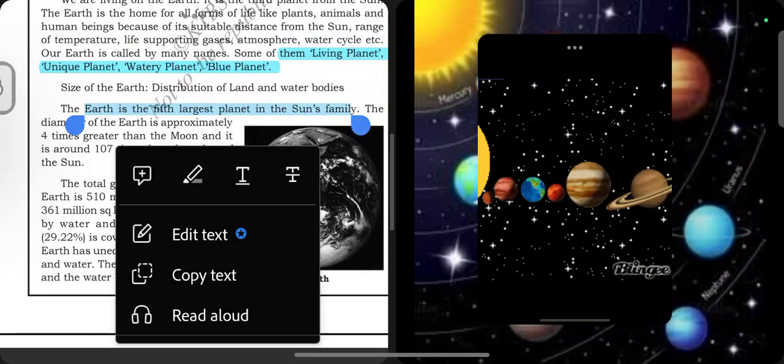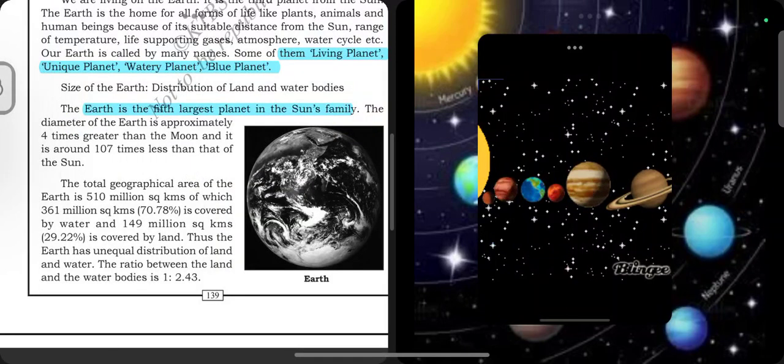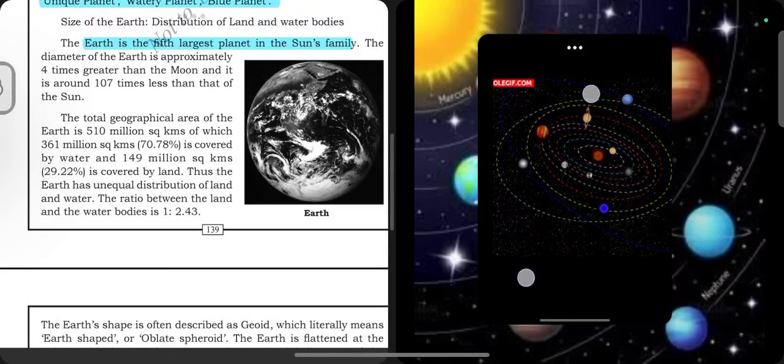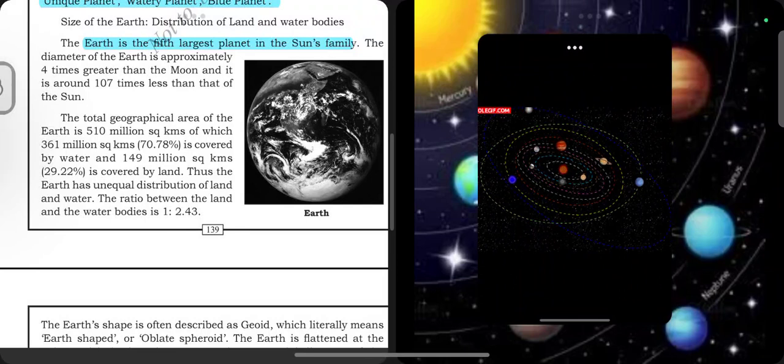It is the fifth largest planet in the solar family. So you should remember that. Earth is the third planet from the Sun, and it is the fifth largest planet in the solar system.